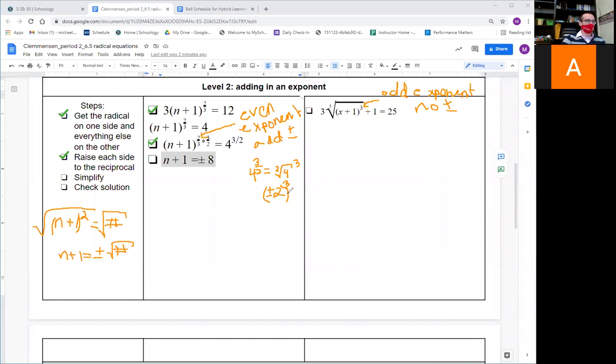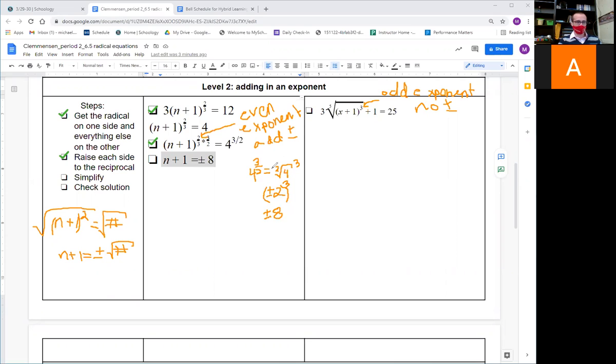Then I cube it. Positive 2 cubed gives me 8. And then negative 2 cubed gives me negative 8. So I get plus or minus 8 in the end. That's kind of what we can do for every one of these. I can rewrite it as a square root, a cube root, whatever it happens to be, to whatever power is up top, like the 3 up here.